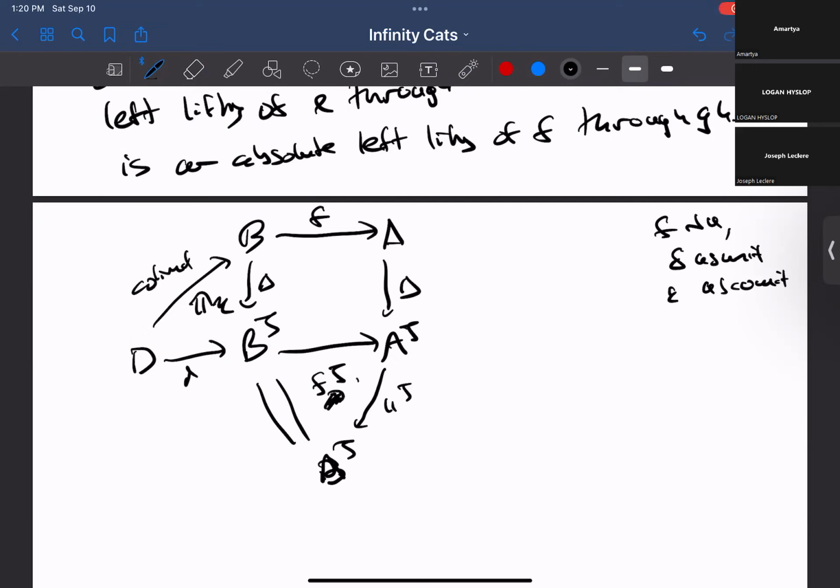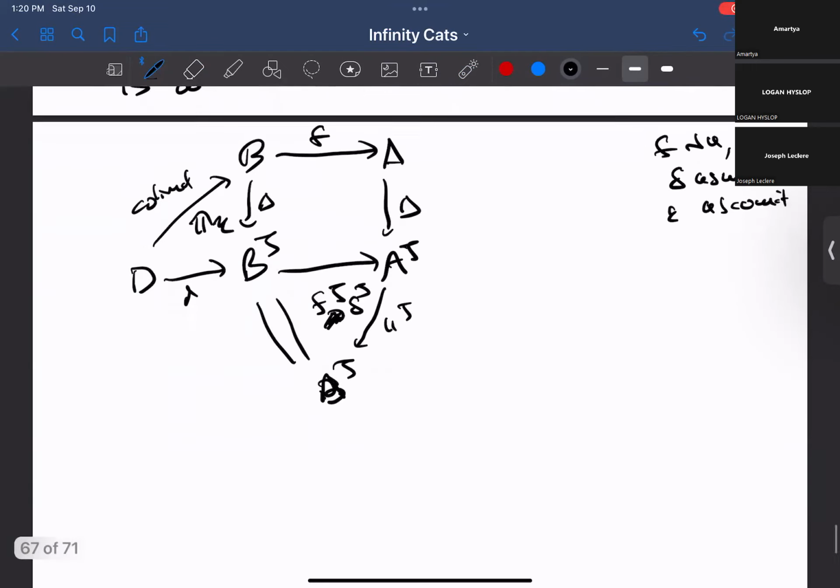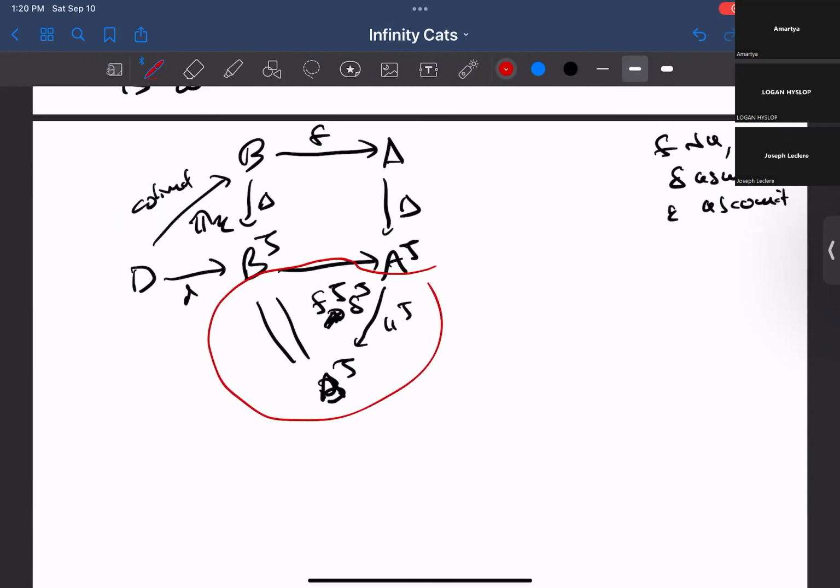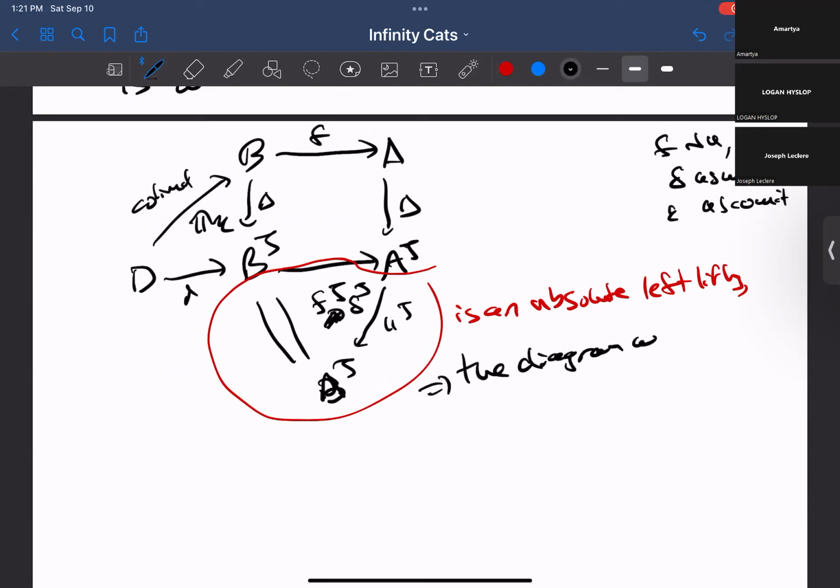So here we're going to have delta to the J. So since this down here is an absolute left lifting, then the diagram we want is, if and only if this whole diagram is.